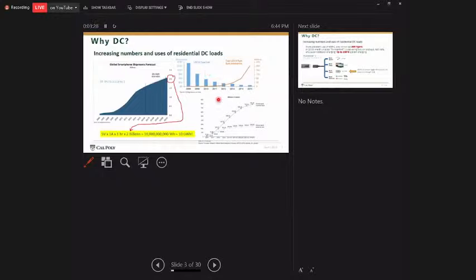You can see the increase in the number of LED lights, as well as the cost that keeps coming down, getting cheaper, so more people can afford them. And the same thing with tablets. The point is, the number of DC loads in our house will be increasing, and will keep increasing.